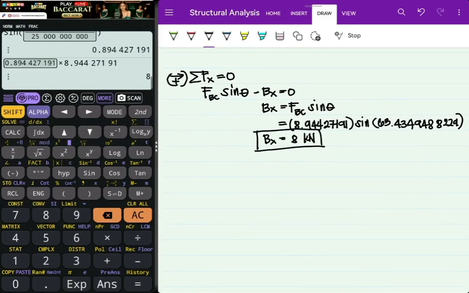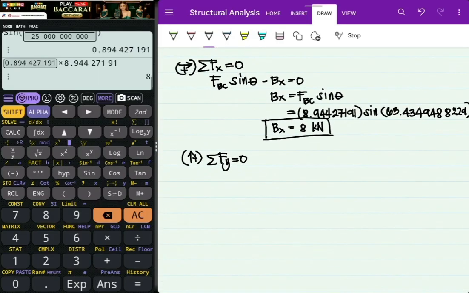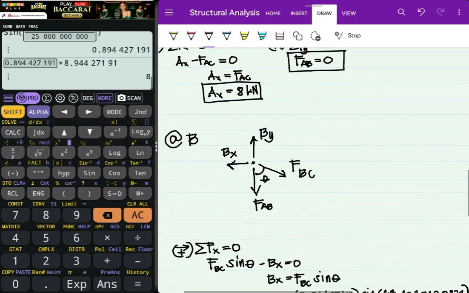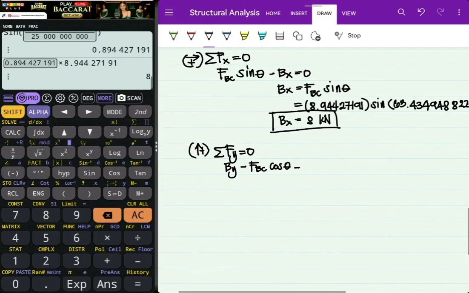And lastly, summation of forces y is equal to 0, assuming going up positive. So this is BY minus FBC. FBC here is cosine theta, cosine theta minus also FAB. FAB is equal to 0.